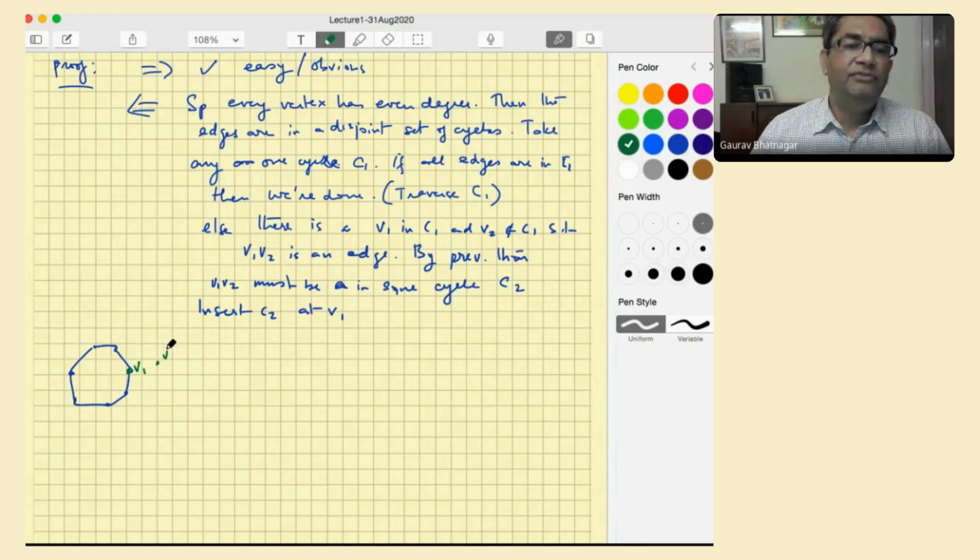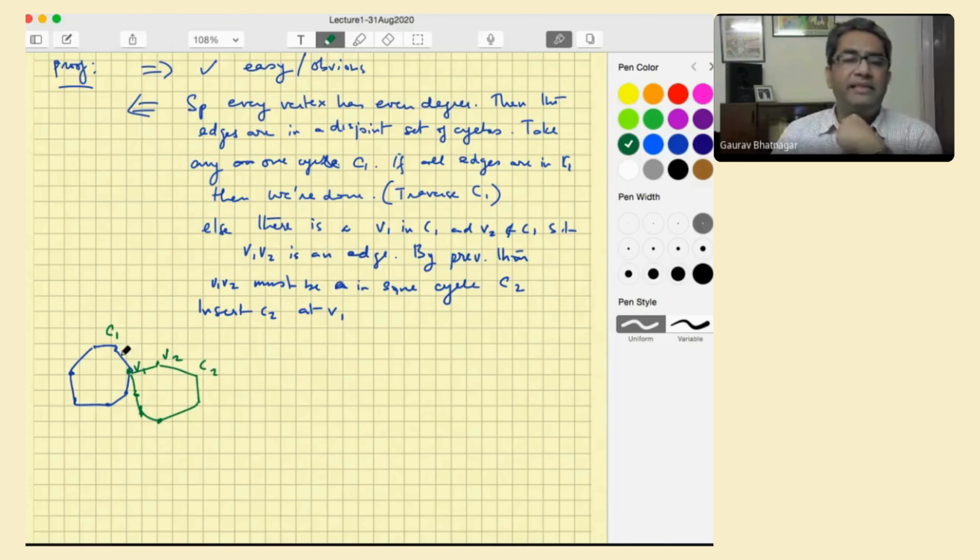There's an edge to V2, and they are part of some circuit. So this is C1 and this is C2, and I insert C2. Let's say I'm starting from here. Then I take a walk. Instead of going around here, I'll go around here, come back, and then go around here. That will be my Eulerian walk, right?